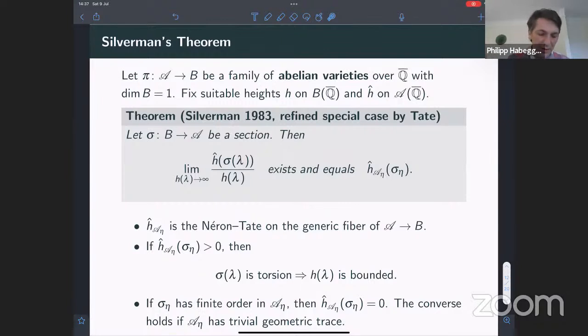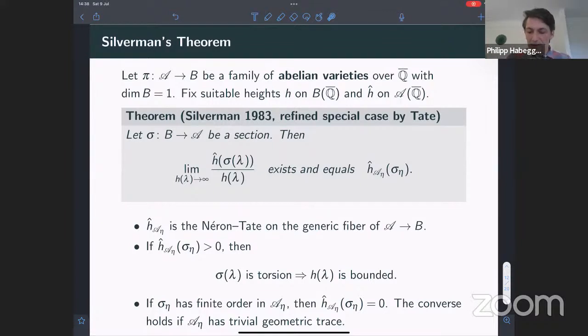That will be the Néron-Tate height h hat. Eta here represents the generic point on the base, and this represents the Néron-Tate height on the generic fiber of this family. So the limit here exists and equals the height of the section here on the generic fiber. You can think of the section as a point on the generic fiber.